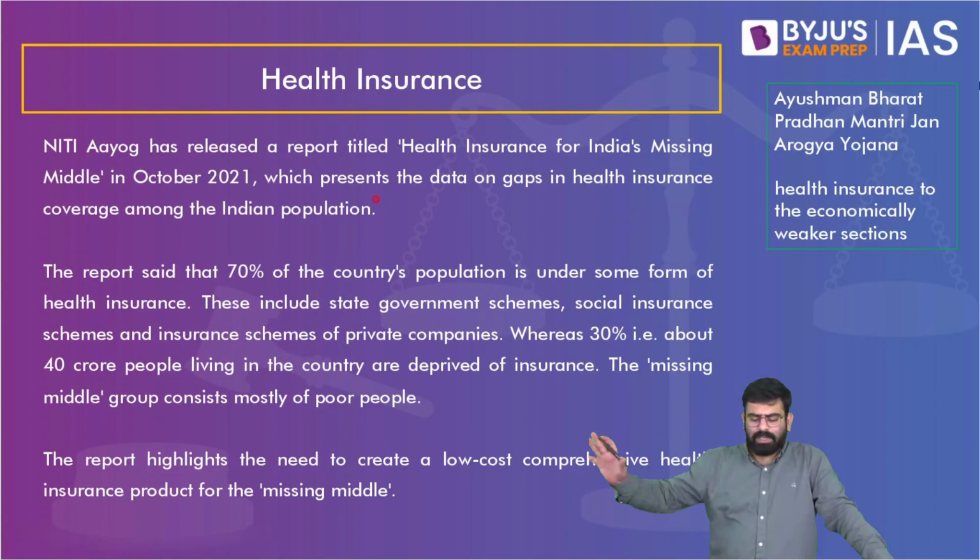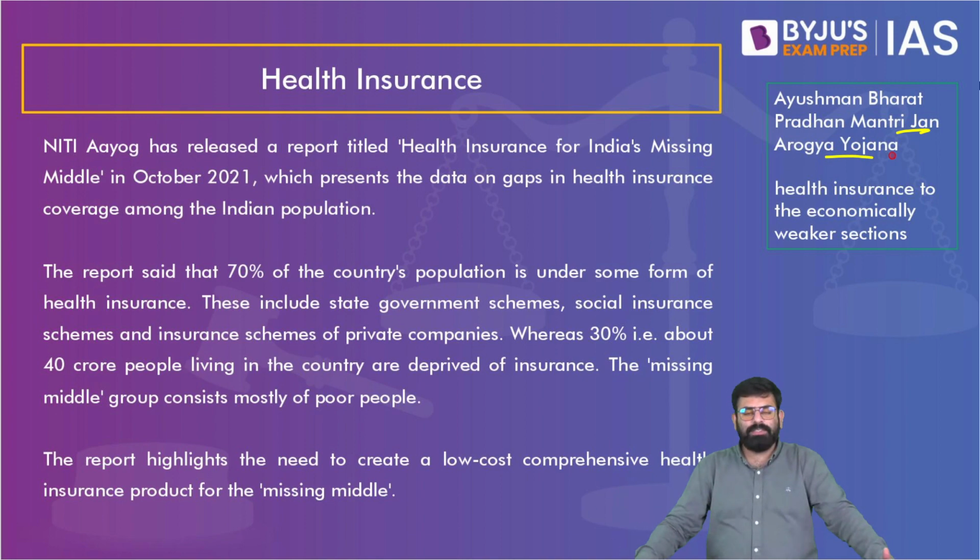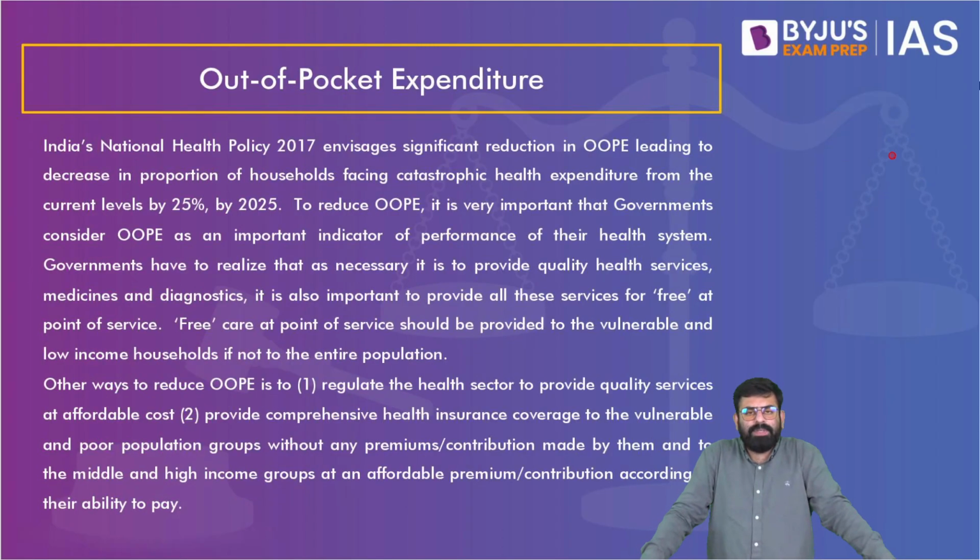And think of the government measure, the Jan Arogya Yojana, wherein the government is providing insurance to the weaker sections. Apart from this, one idea is, if we look at the private hospitals, that is where maximum out-of-pocket expenditure happens, because ultimately these are private healthcare services which charge a lot. So why not regulate the private sector first?